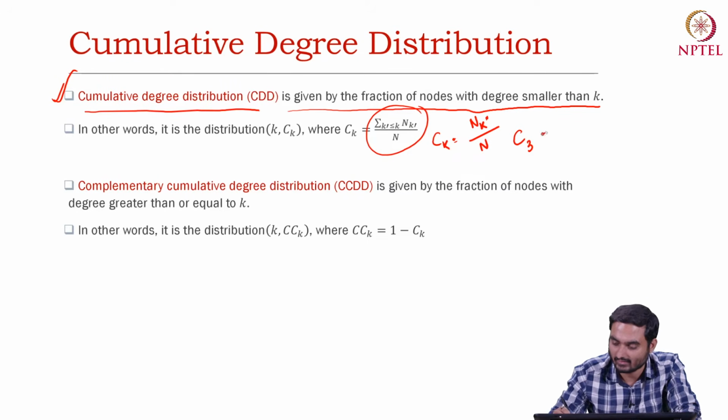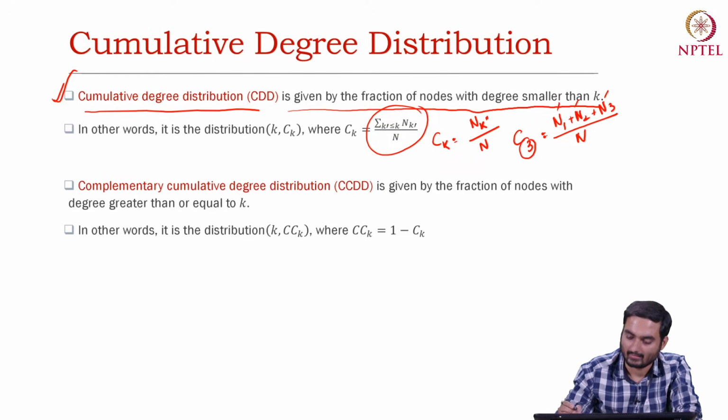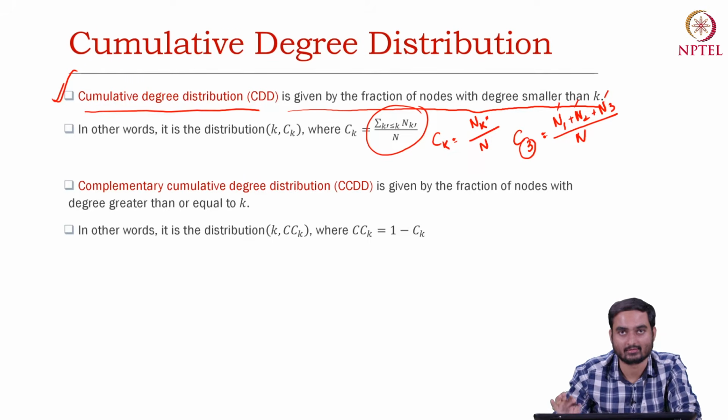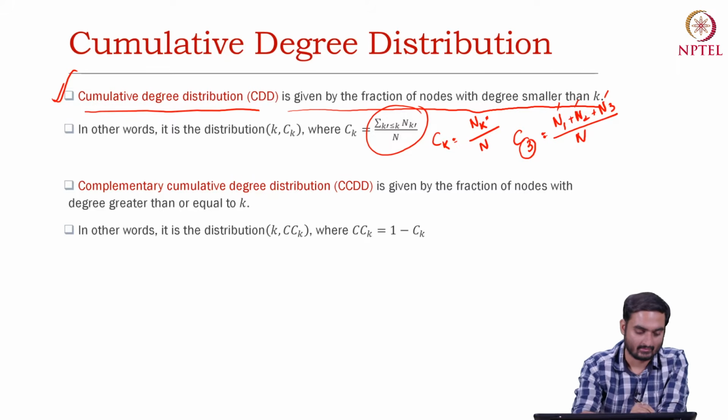So C3 would be N1 plus N2 plus N3 divided by N. So these are the nodes whose degree is less than or equal to 3. Okay. This is cumulative degree distribution. So why is this useful? We will take an example and see.